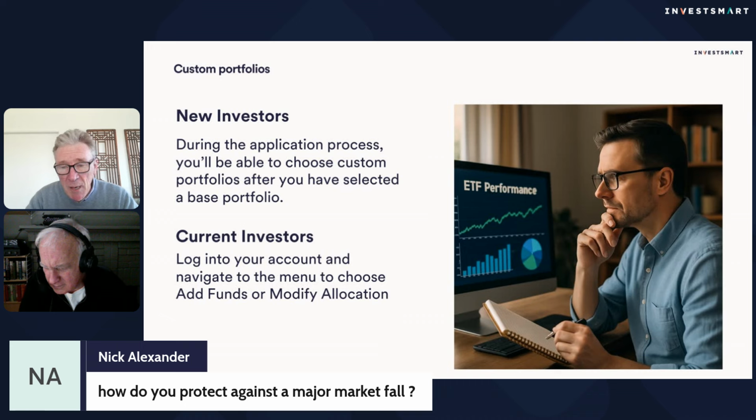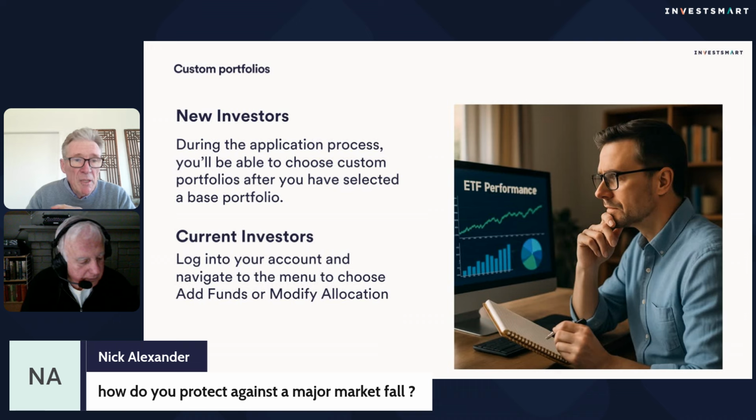So if there's a major market fall, all we can do is say that a lot of our balanced, conservative and growth portfolios have a mix of defensive and growth assets. And it's the old 60-40, 70-30 rule. As long as you don't have all of your eggs in one basket, you should be cushioned from a major market fall to some extent. Now, that said, during the GFC, everything fell in unison. If that happens again, all I can say is it will happen again. We just don't know when. Yep.